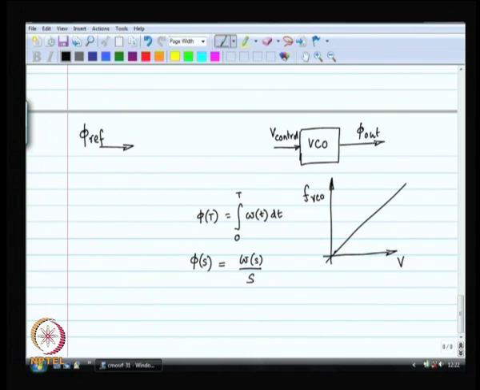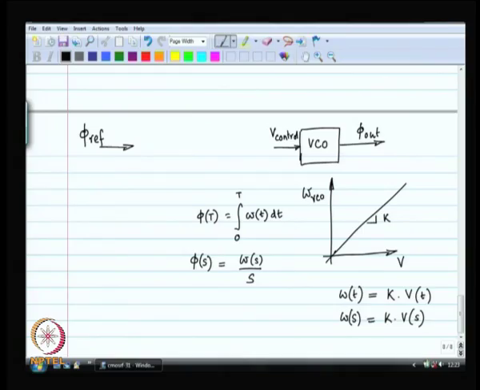Now, I am saying that this omega of s, let us assume that omega of s is equal to some constant k times V control, okay, which means that omega of s is equal to k times V of s.